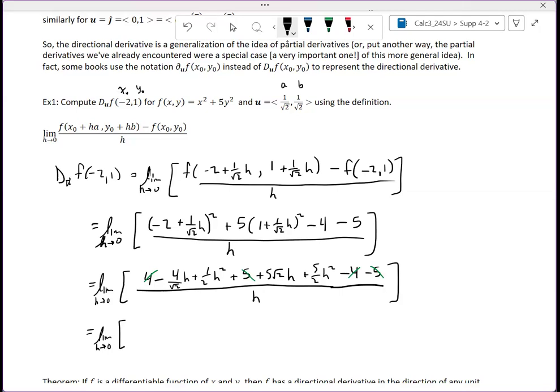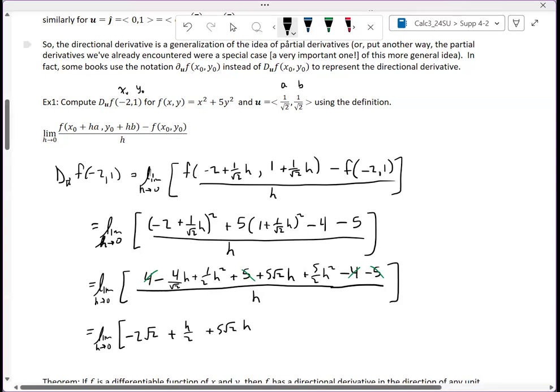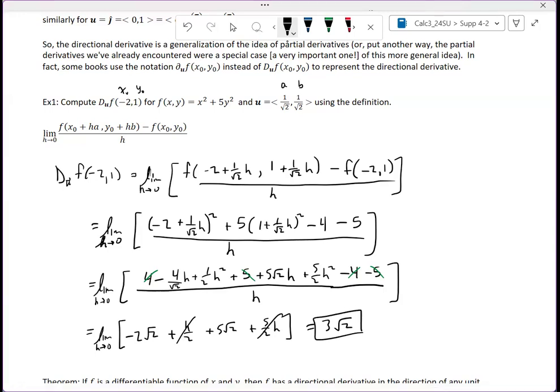So I get, well, -4/√2 is just -2√2, I suppose, once the h divides out, plus h over 2, plus 5/√2 with the h divided out, plus 5/2 h. And now it's easy to take the limit as h goes to 0. These bits drop off, and I get 3 square root of 2 as my answer.